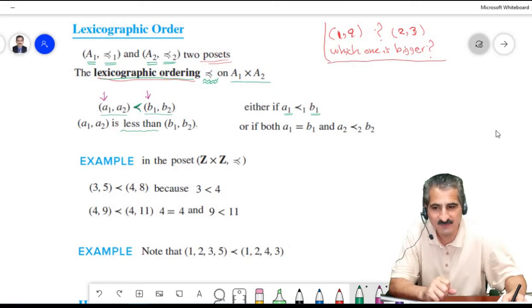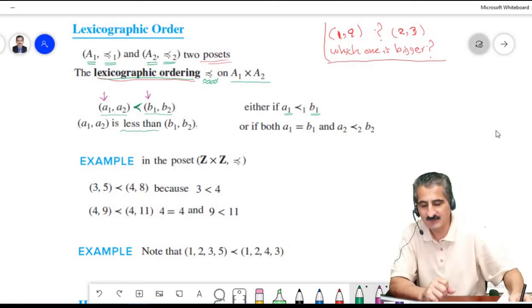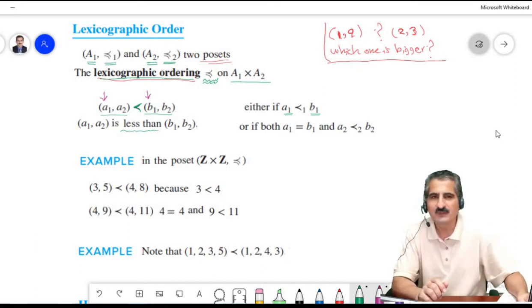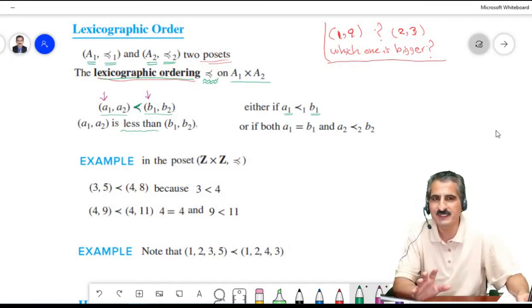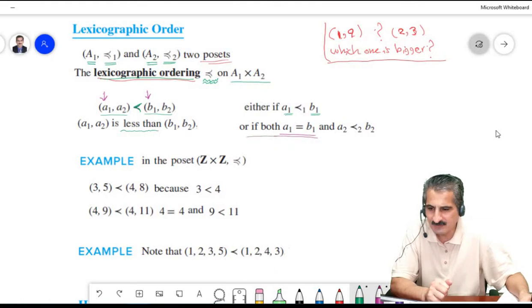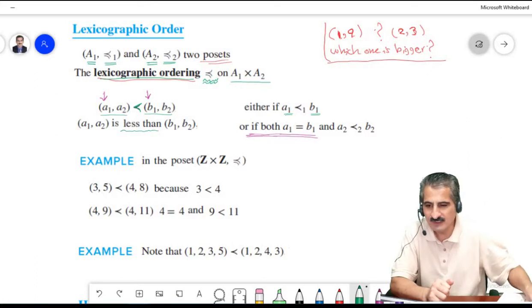But we might have the first components equal. What do we do then? We move and check what happens to the second coordinate.